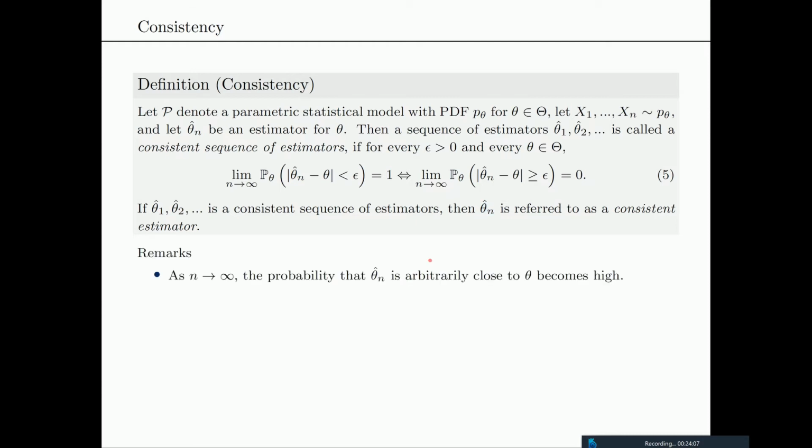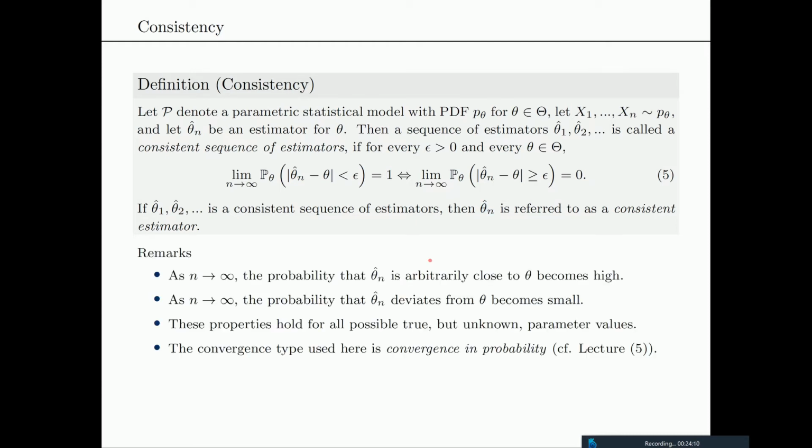So this we can discuss in a second. The convergence type here, and this is one of the things that the people who write probability and statistics books are very keen on, is convergence in probability. We've seen that before, so always keep in mind when one talks about convergence of random variables, there are different forms of convergence, and I think we've seen most of them.